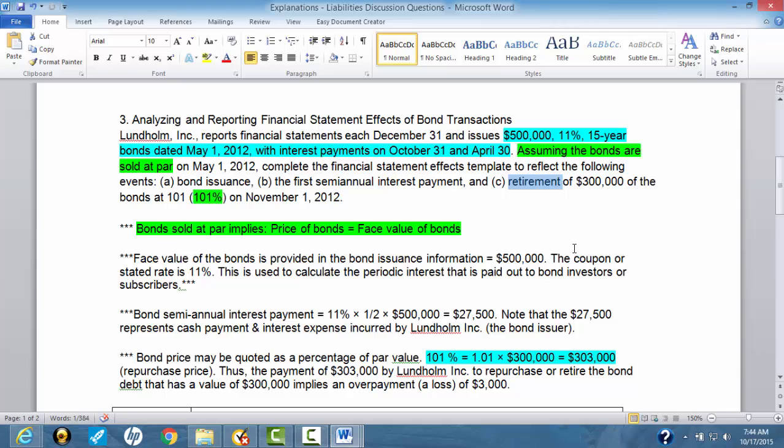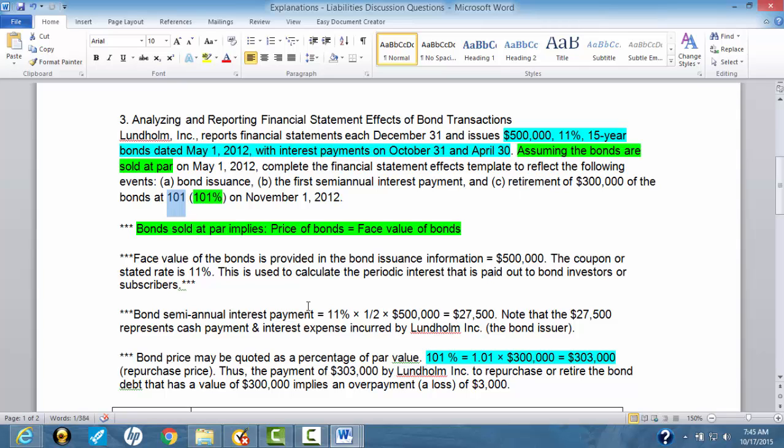Now, why would a bond issuer retire some bonds prior to maturity? It is possible that interest rates have declined and the bond issuer wants to refinance. Now, the bonds were retired at 101.